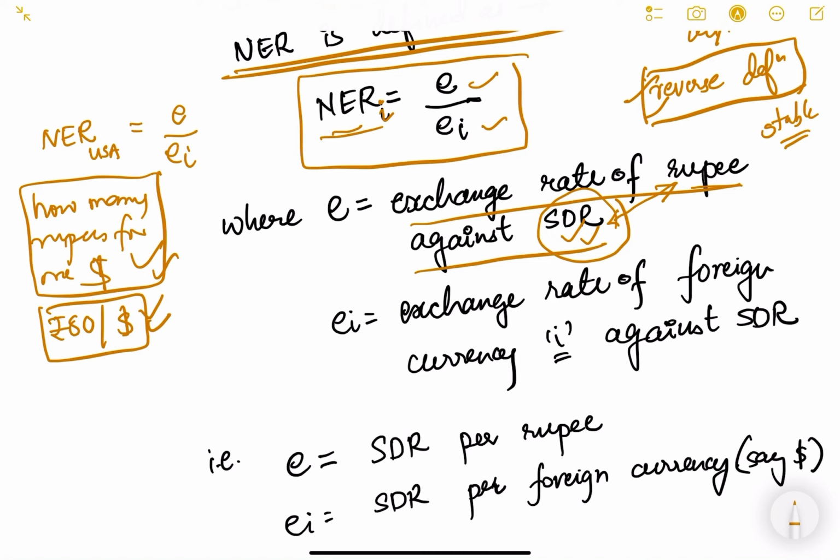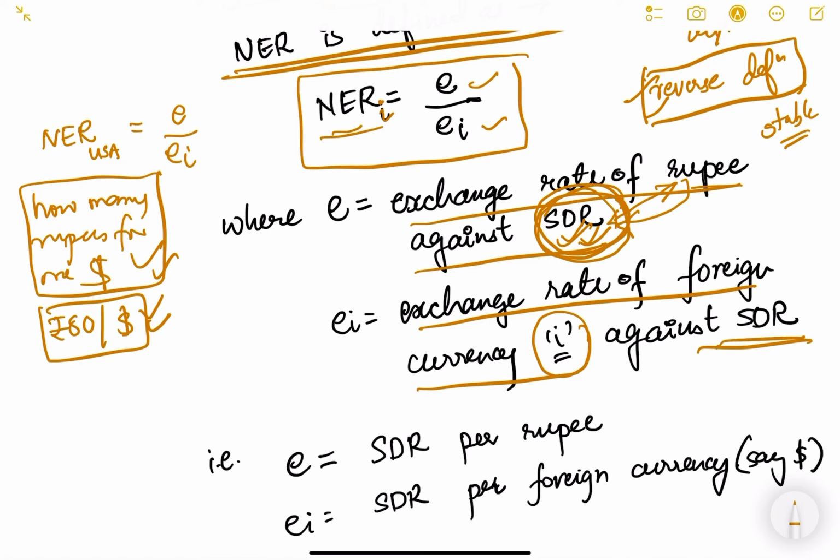So the measurement of nominal exchange rate of all the countries, when we look at them, is not accurate. That is the reason why we look at the exchange rate of every currency with respect to SDR, because SDR is the international reserve and it has an almost stable value. Therefore we look at the exchange rate of rupee with respect to SDR and also the exchange rate of the foreign currency I with respect to SDR.